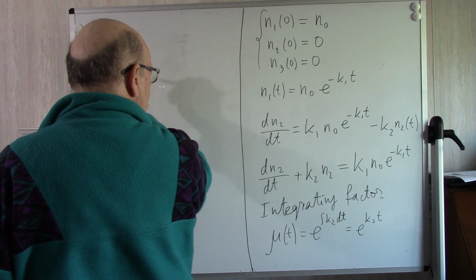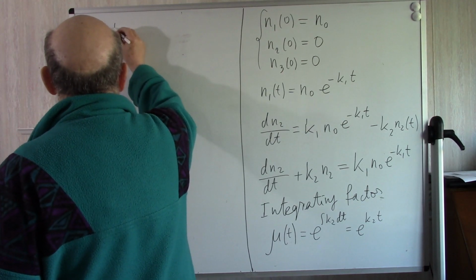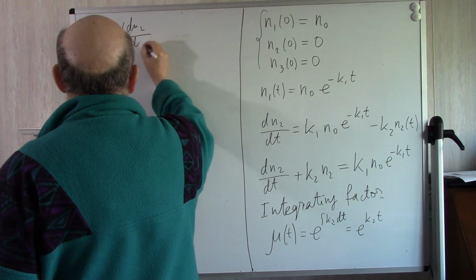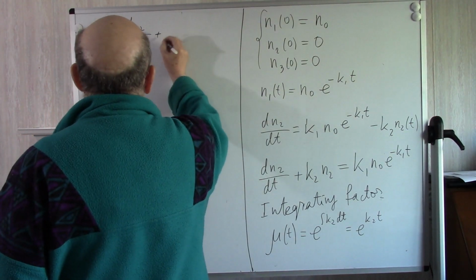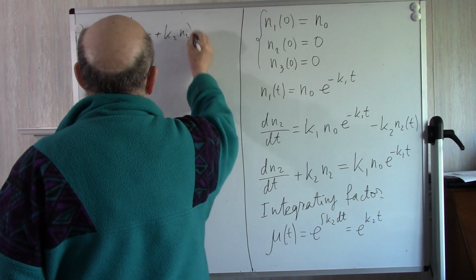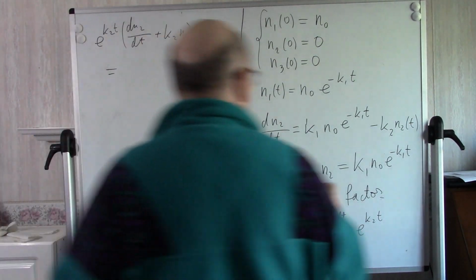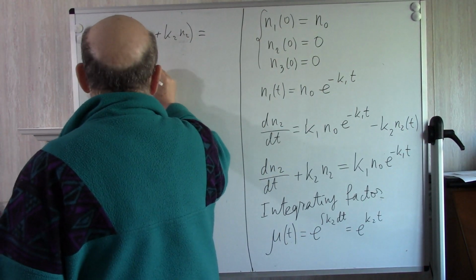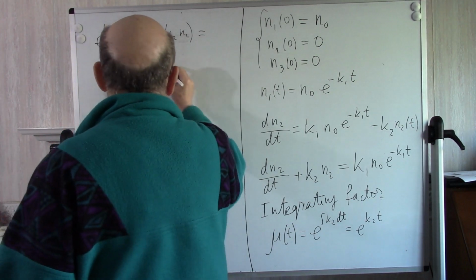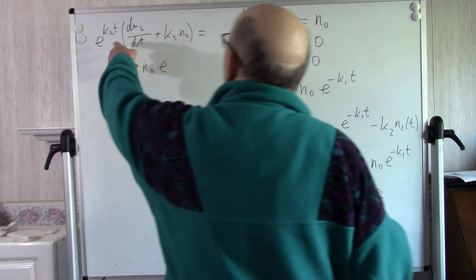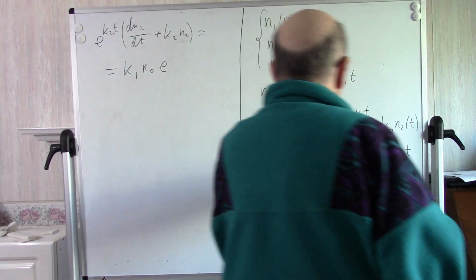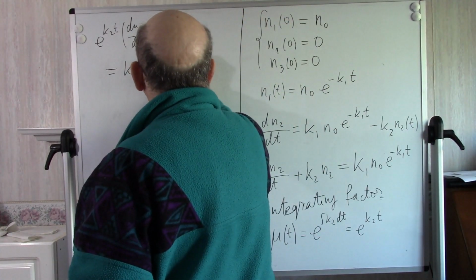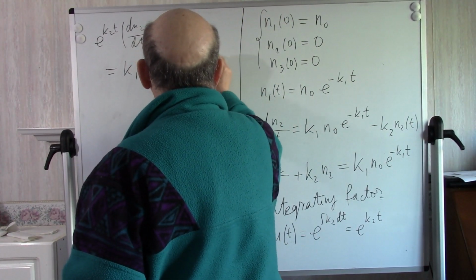So e^(k2 t) times (dN2/dt plus k2 N2) equals k1 N0 e^(k2 t) times e^(-k1 t), which is k1 N0 e^((k2-k1)t).